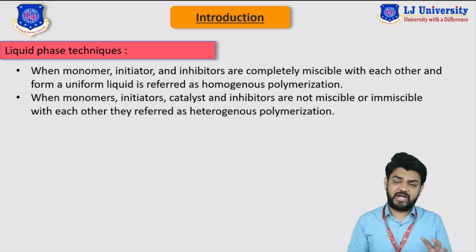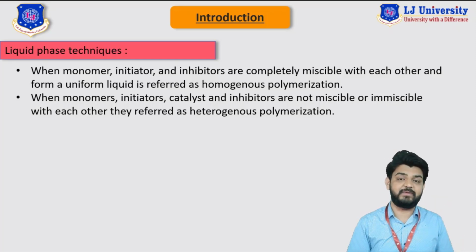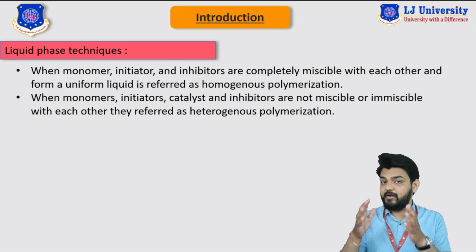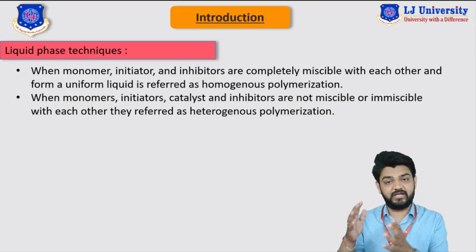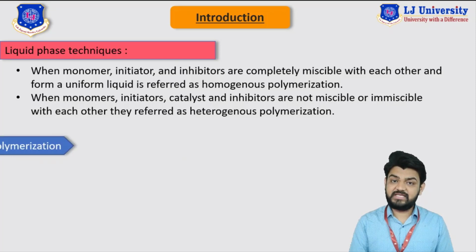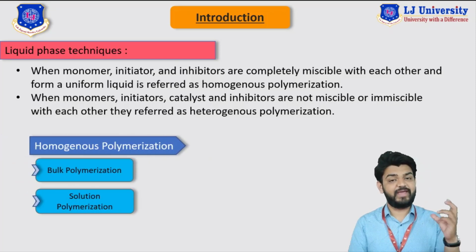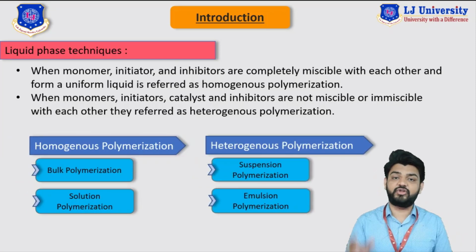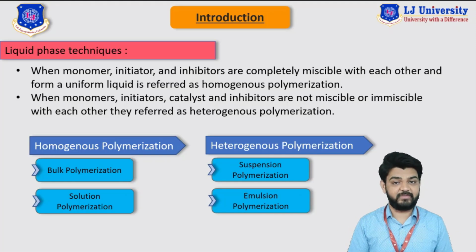Now let's understand what the different techniques are that come under the tag of homogeneous polymerization, and what the different polymerization techniques are that come under the heterogeneous stage, right? You can see here on the screen that first we have homogeneous polymerization, and on the other side we have heterogeneous polymerization.